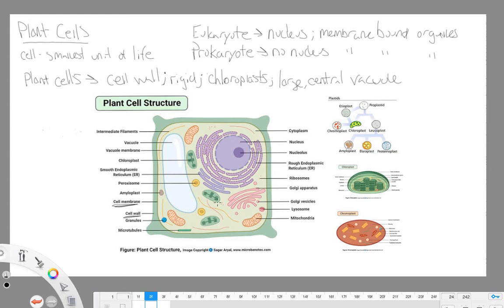We then looked at, let me see if we have it here. Oh, it's not on here, so I'm going to draw it in. We then had what I refer to as a tunnel, which are the plasmodesmata.